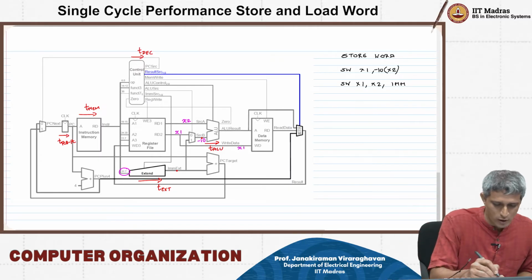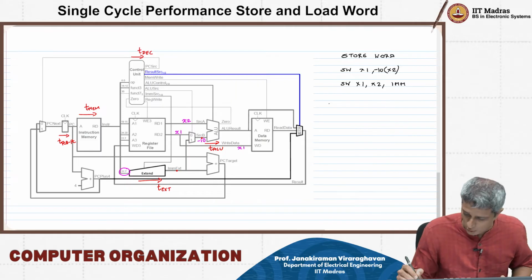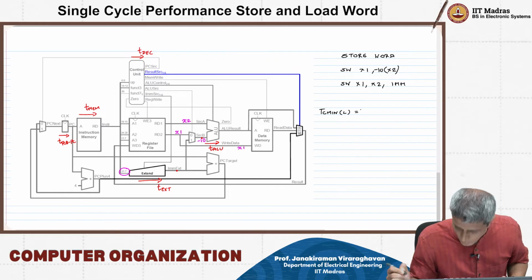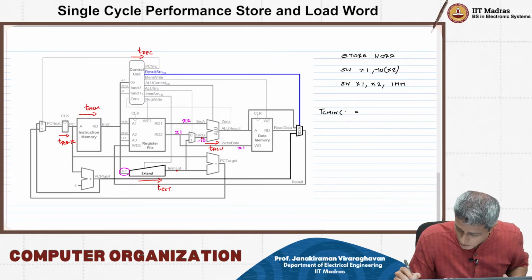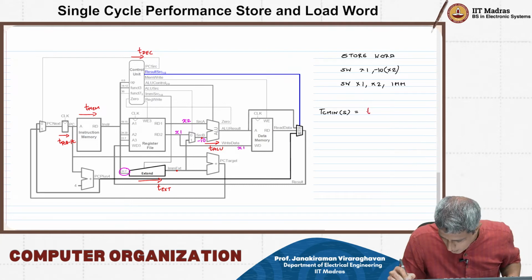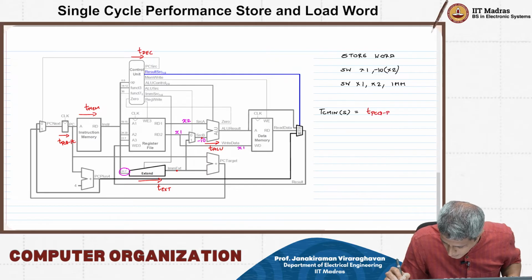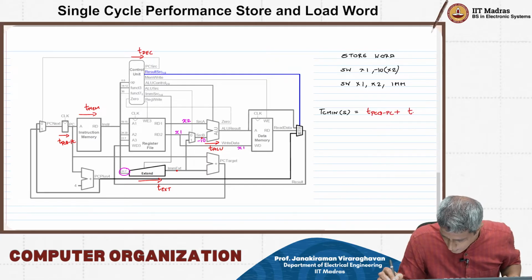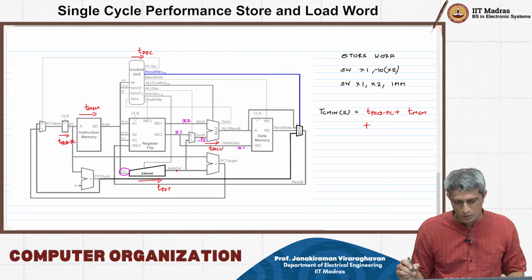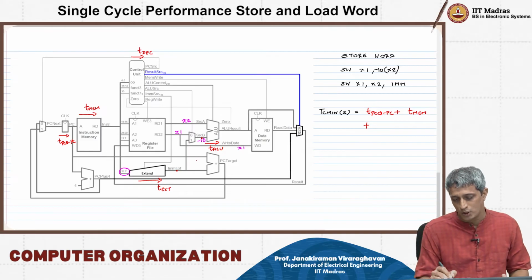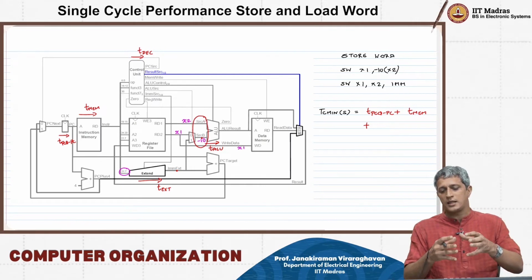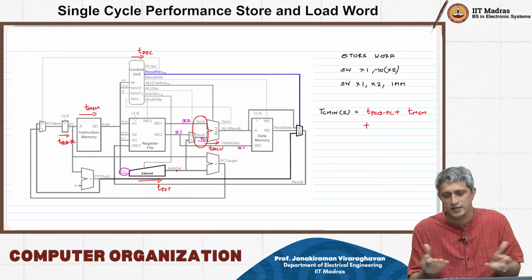Okay, so therefore if you look at the TC min here that we are talking about, TC min for store word, we are talking about again TPCQ of PC plus Tmem, right? Then we are talking about the T decode, because when you look at this particular point, we are looking at the maximum time at which these signals will arrive.